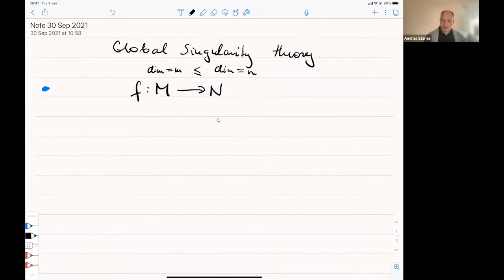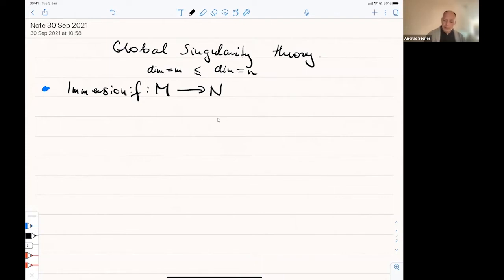interesting question. So the first definition or first object is the case of immersions. When a map is an immersion, the definition is the following.